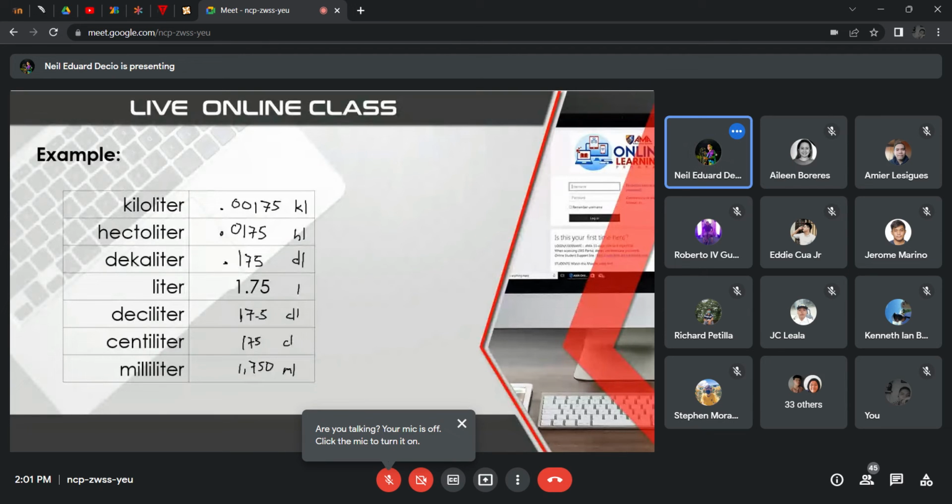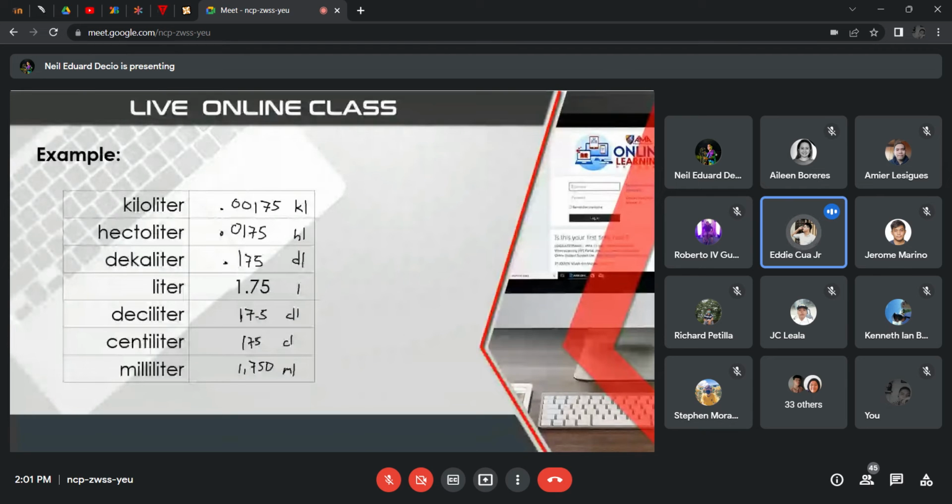Okay. Yeah. Deciliter. According kasi dito is liter lang din yung ginagamit nila. So ma-base na lang talaga sir sa naka-input na number. Yeah, oo.